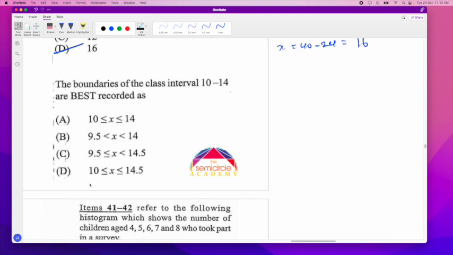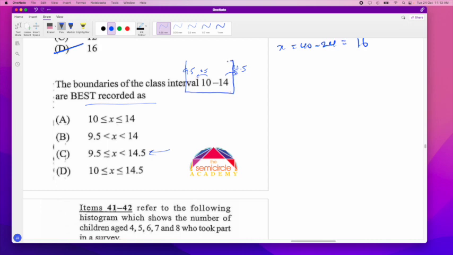The boundaries of the class interval, remember the boundaries would be 0.5 below, so that would be 9.5, and 0.5 above, that will be 14.5, right? So this one has the 9.5 and the 14.5, and we could see that the lower boundary here will be taken to be in this class.